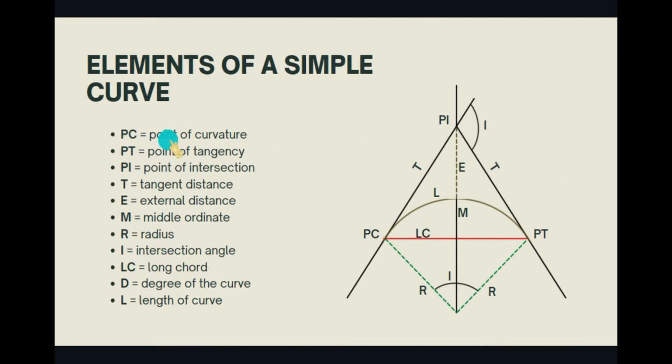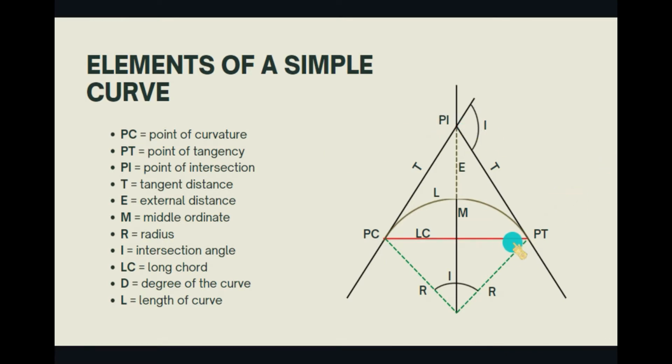So we have PC, which is the point of curvature. It is the point where the curve leaves the first tangent. It is also the beginning of the curve. We have PT, which is the point of tangency. It is where the curve meets the second tangent, or the end of the curve. We have PI, which is the point of intersection.